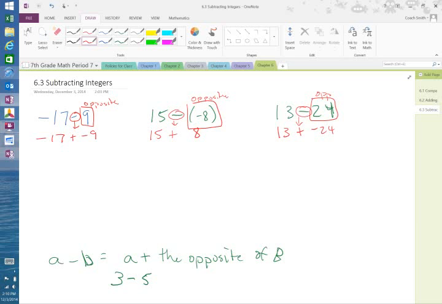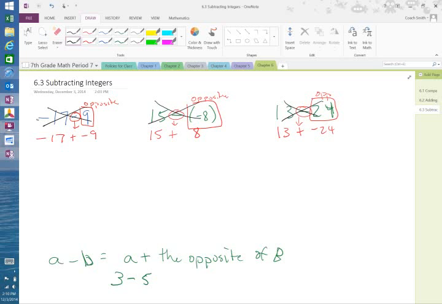Now, I want you to take your pen or pencil, whatever you wrote those in, and mark out or X out each of those first problems. Hang on, it'll show up there in a second. Oh, there we go. X out those problems. Now, those problems don't exist anymore. We changed subtraction to addition.